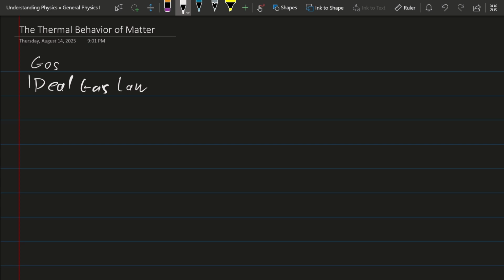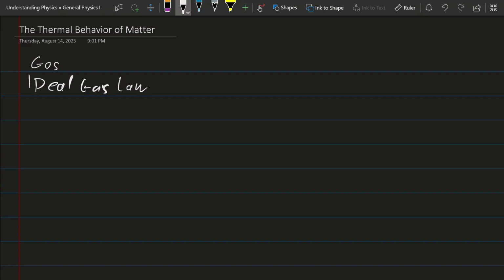So if you try to do this, we would do it from the perspective of experiments first. After that, we will discuss the kinetic theory of the ideal gas.